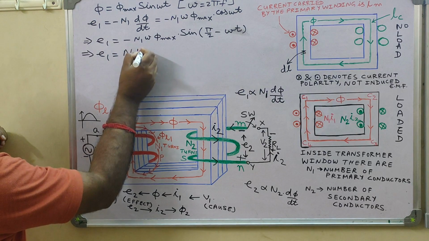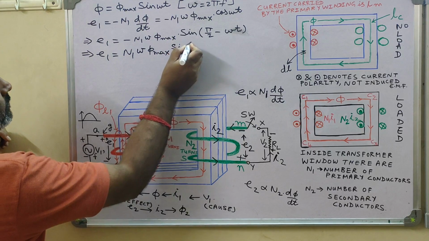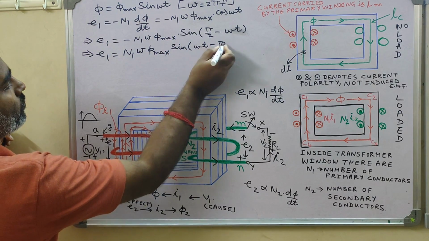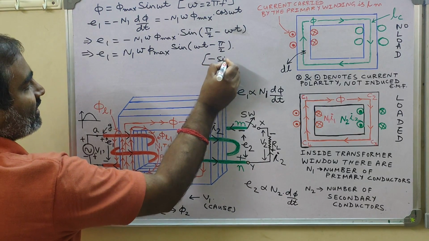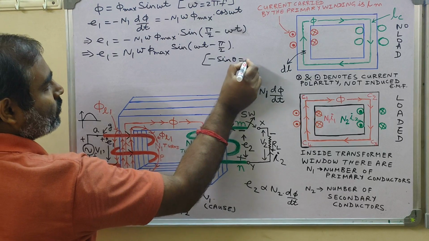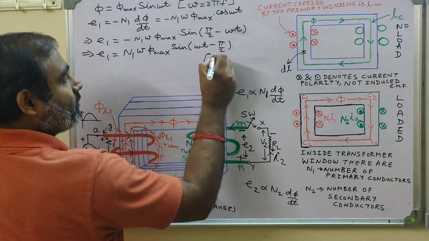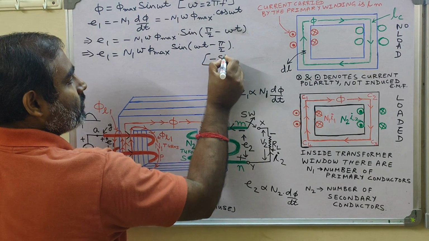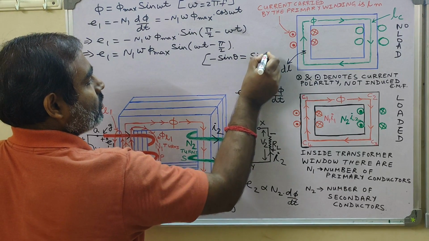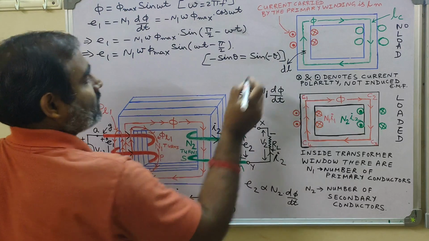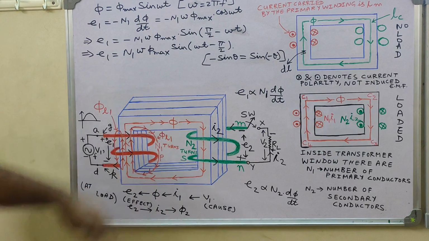What remains is N1 omega phi max into sine of omega t minus pi by 2, because we know that minus of sine theta equals sine of minus theta. Let me write it in a clear way: minus of sine theta equals sine of minus theta. This we know from trigonometry, so that is applied here. So this is the expression for E1.